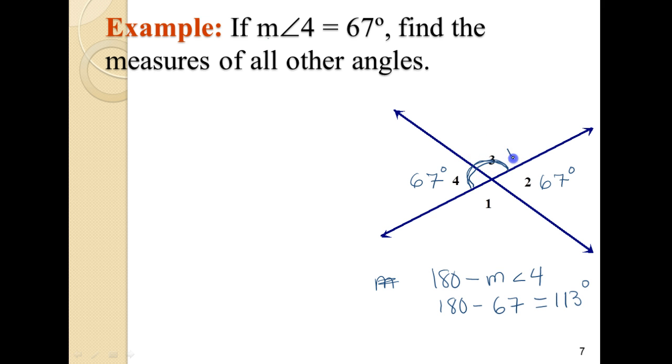So angle 3 will be 113 degrees. Again, 4 and 3 are adjacent, and then if angle 3 is 113 degrees, then angle 1 will also be 113 degrees because they are vertical angles.